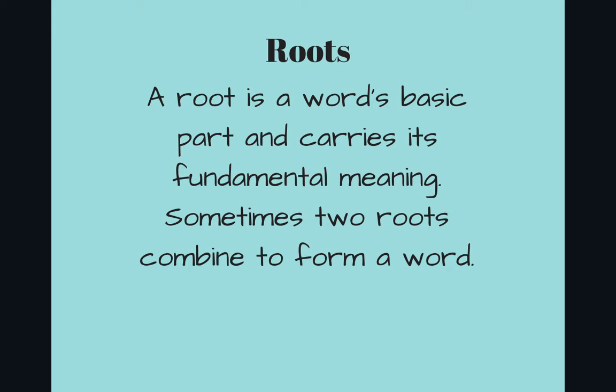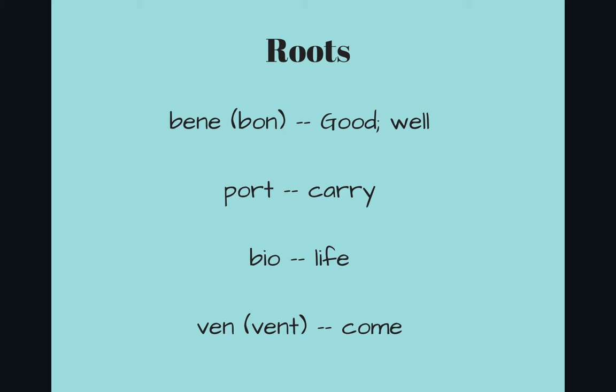Okay, roots. A root is a word's basic part and carries its fundamental meaning. Sometimes two roots combine to form a word, and you'll find this on page 116 and 117. There's a lavender bluish colored box at the top of the page with a list of roots and their meanings. So bene, bone, means good or well. Port means carry. Bio means life.